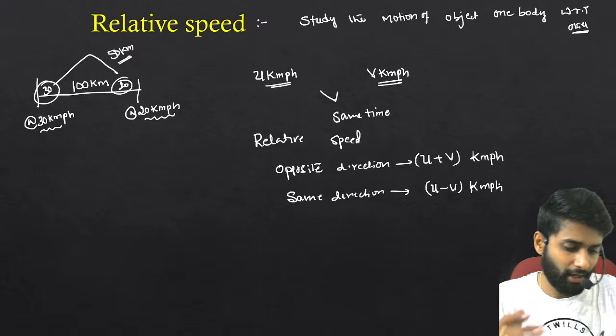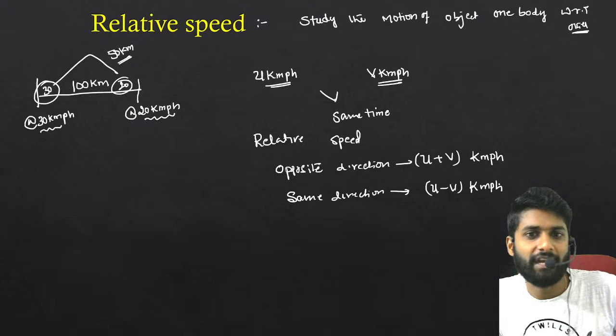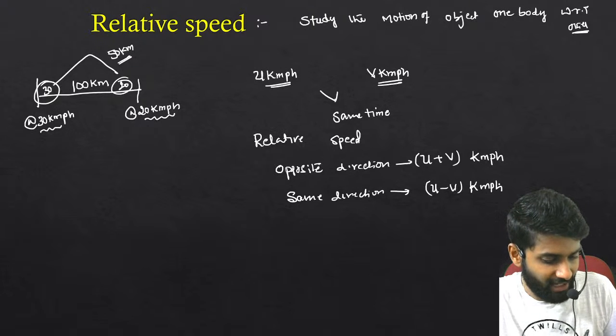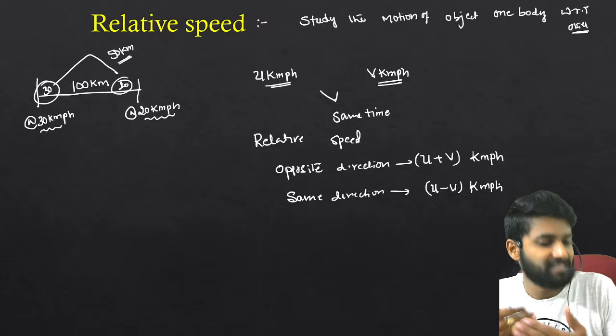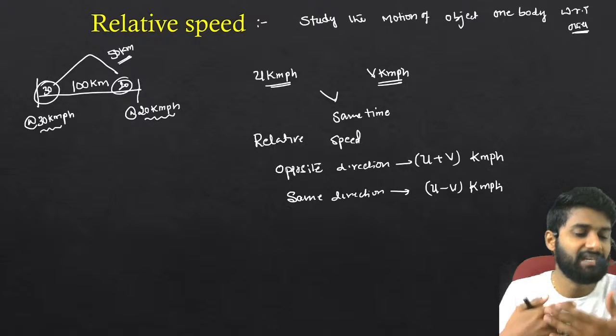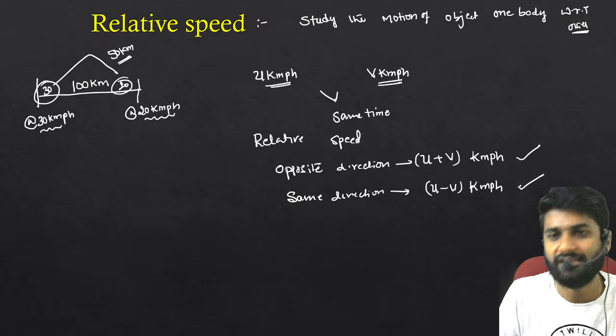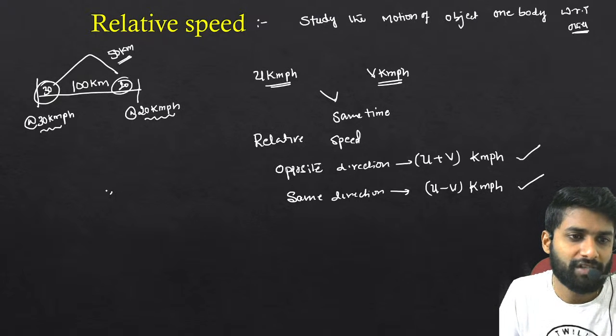So don't decide according to the direction. Most of the students consider, like, sir, opposite is minus and same is plus. Don't do that. The concept of relativity says that if two objects are traveling in opposite directions, the relative speed is the sum of those speeds. If both are traveling in the same direction, the relative speed is the difference of those speeds, Nana. That's why opposite deals with u plus v and same direction is u minus v. Now, what is the formula?